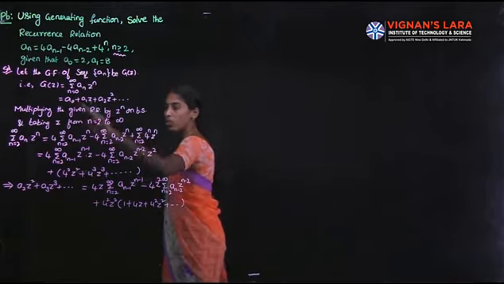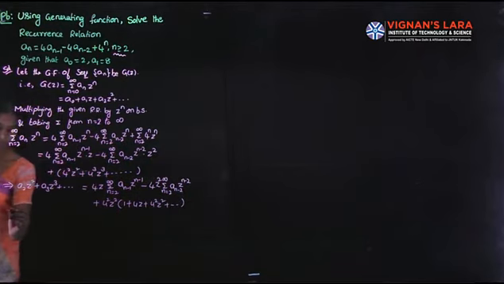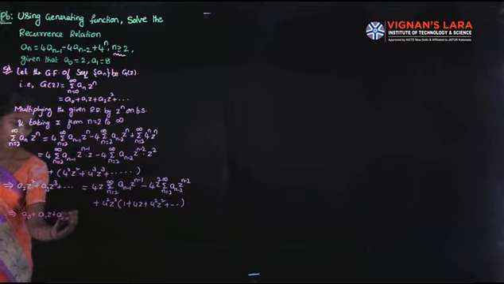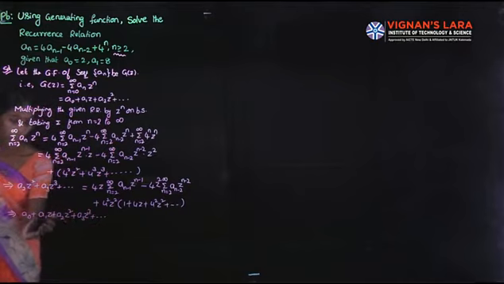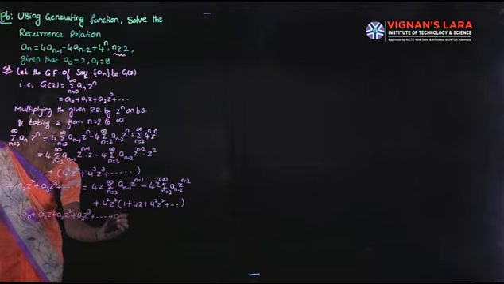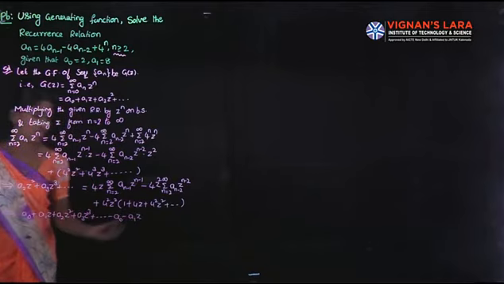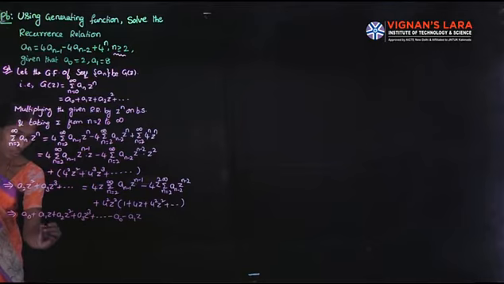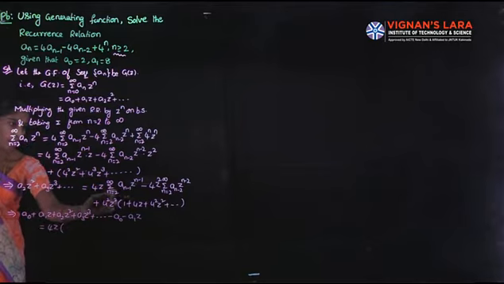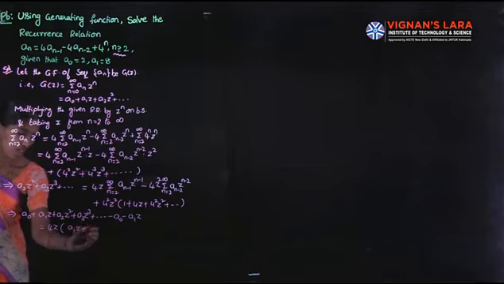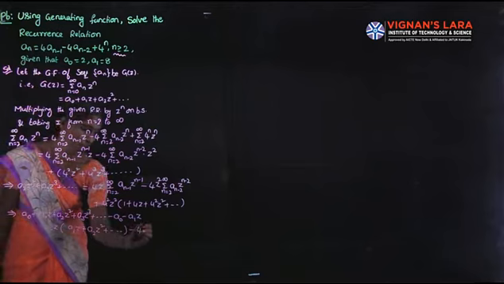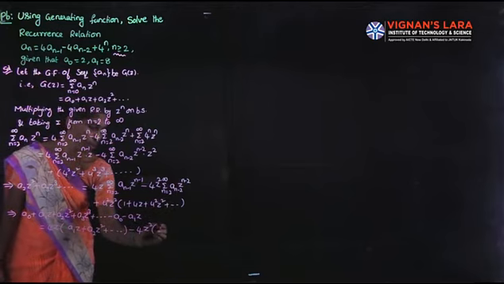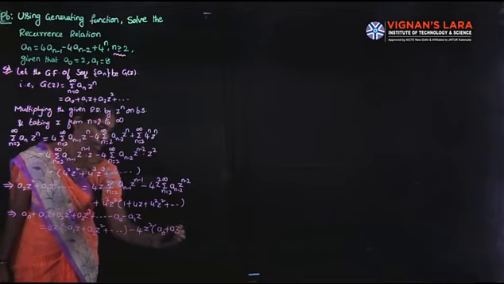So adding these two terms and then subtracting them: a0 + a1 z + a2 z^2 + a3 z^3 and so on, minus a0 minus a1 z, equal to, on the right side also expand the first sigma, put n equal to 2: a1 z, a2 z^2 and so on, minus 4z^2 into, put n equal to 2, it becomes a0 + a1 z and so on.